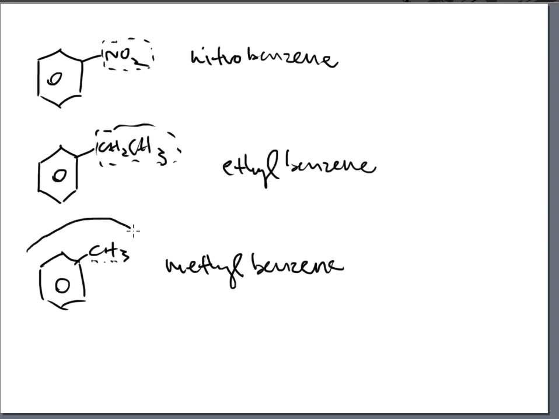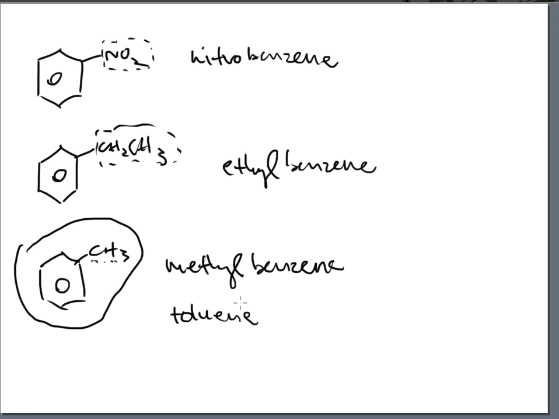However, this structure is so common. It shows up all the time that methylbenzene is somewhat annoying because it is more wordy. There's more letters that we have to write down. So there's a common name that comes along with that grouping, and that common name is toluene.